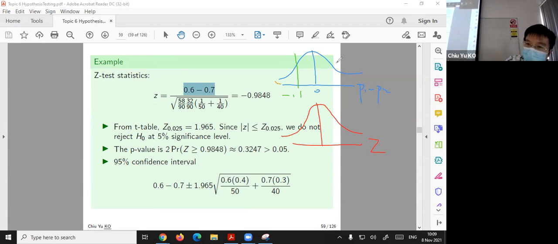So we're asking whether this area multiplied by 2 is more than alpha or less than alpha.